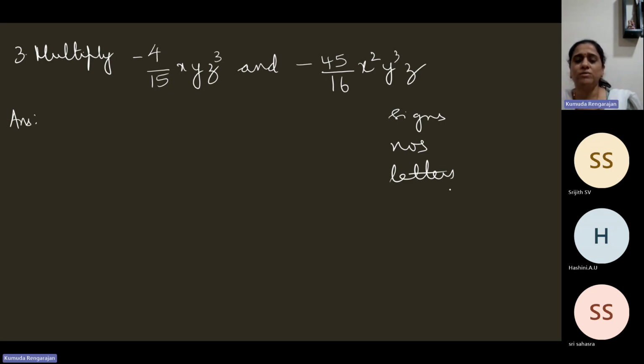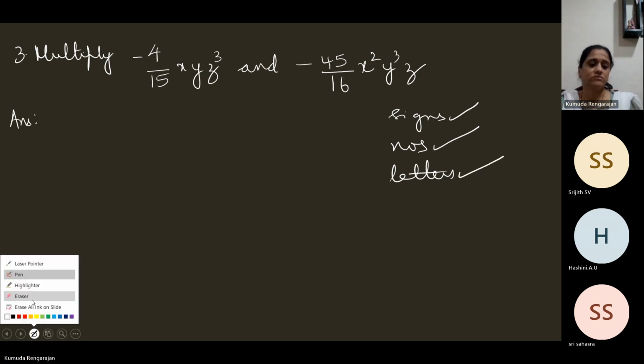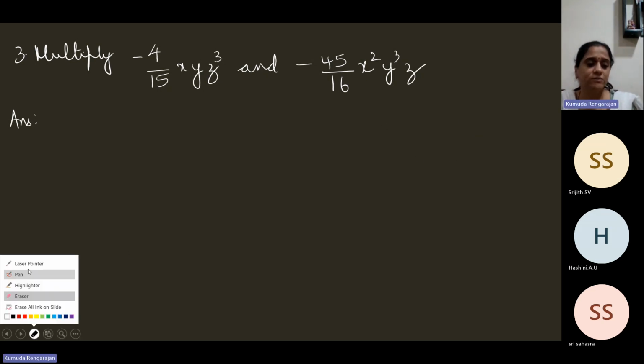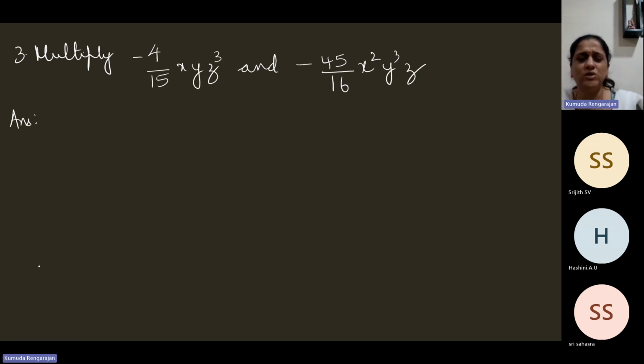This is the order. Multiply the signs, multiply the numbers, multiply the letters.